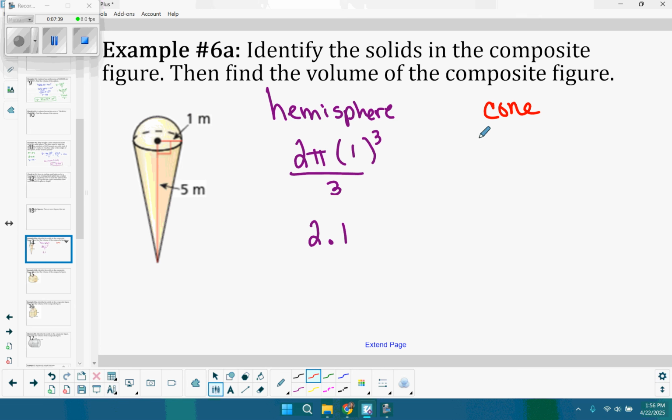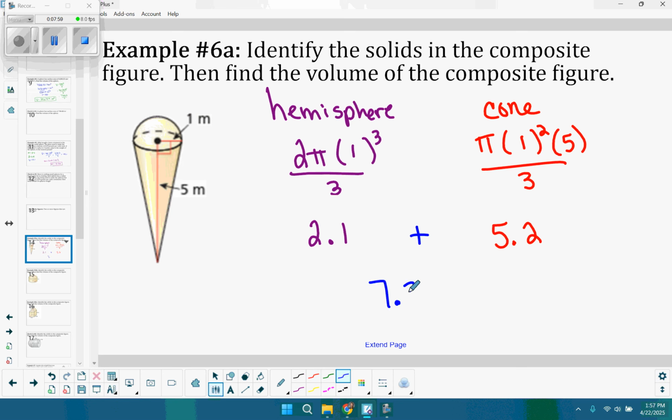My cone, which is pi r squared h over 3, r was 1 and h was 5. So overall, that had a volume of 5.2. So together, my composite shape, if I add these two, would be 7.3 cubic meters. This was a small number, not always going to be the case.